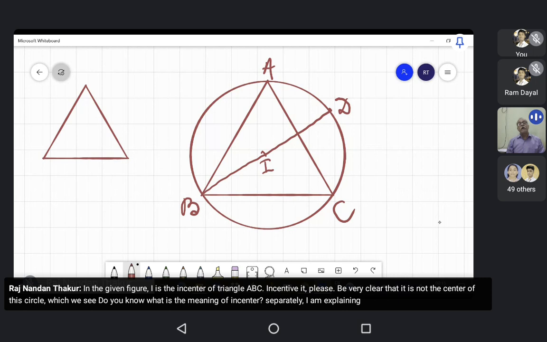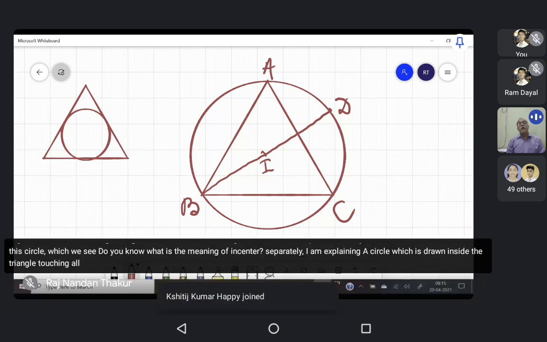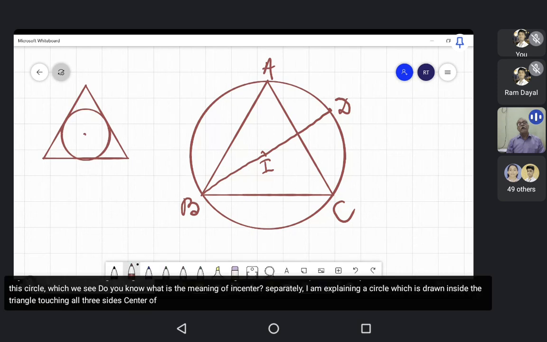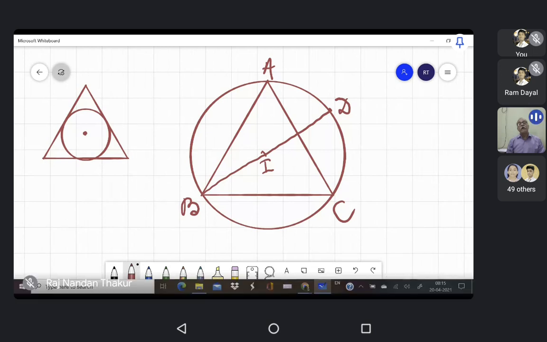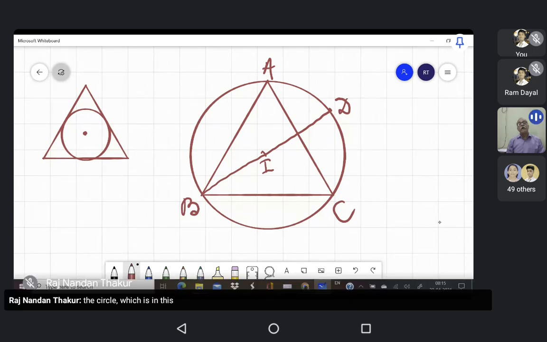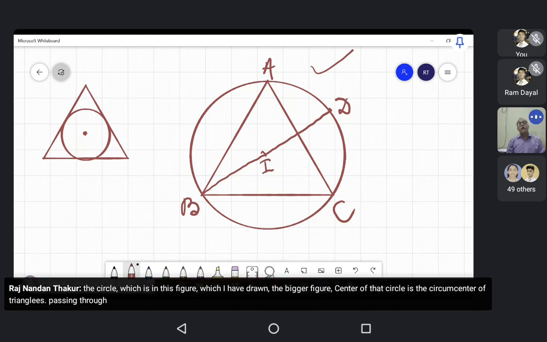A circle which is drawn inside the triangle, touching all three sides; the center of that circle is called the in-center. And the center of the circle in this bigger figure is the circumcenter of triangle ABC, passing through the vertices.